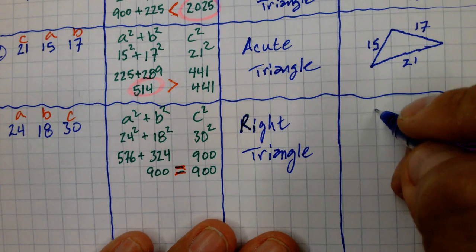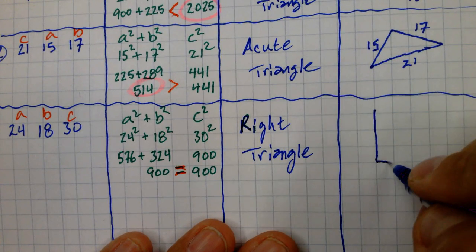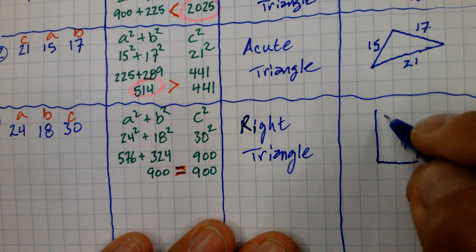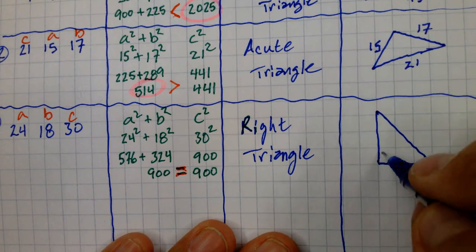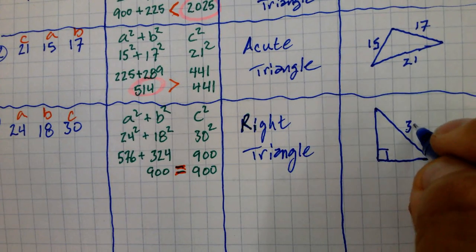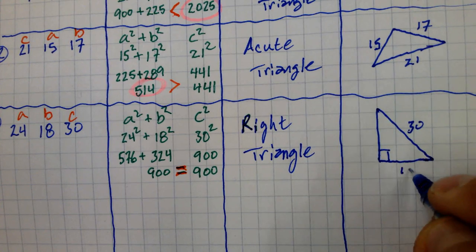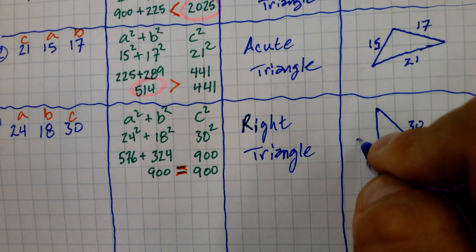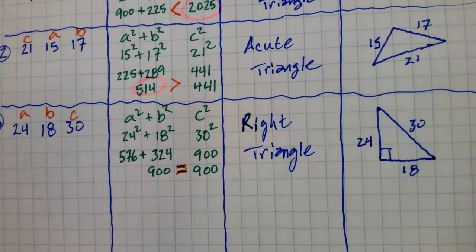Well, finally, we can draw a right triangle. Maybe something like this. This side is 30. Let's say this is 18 and 24.